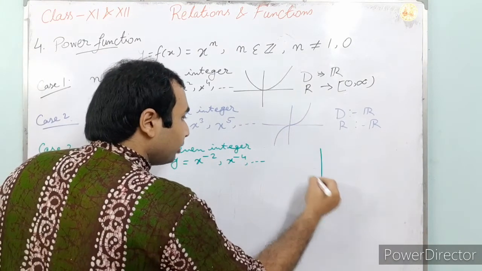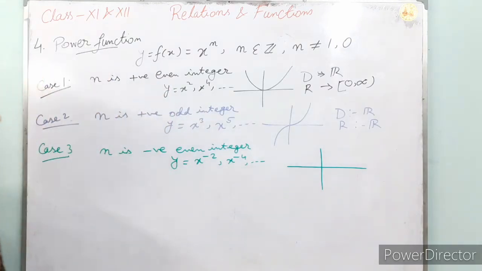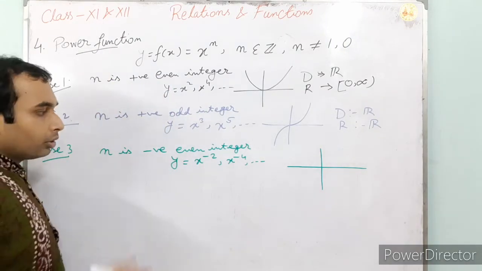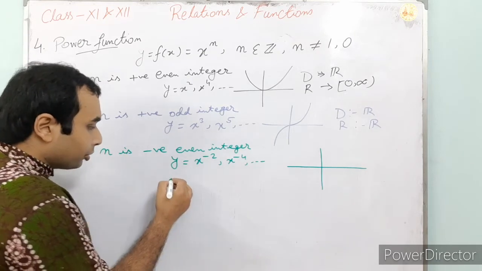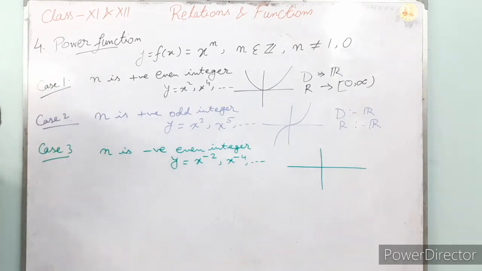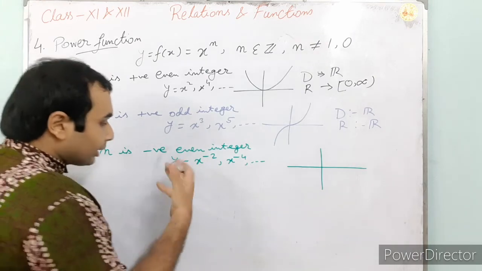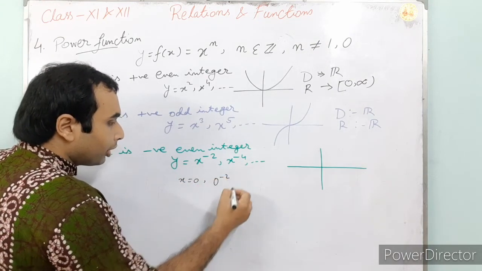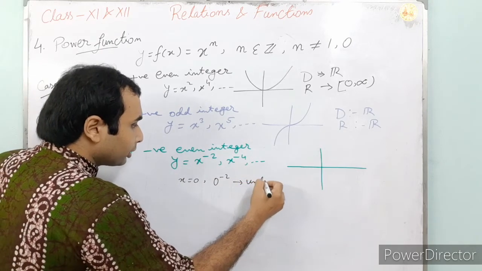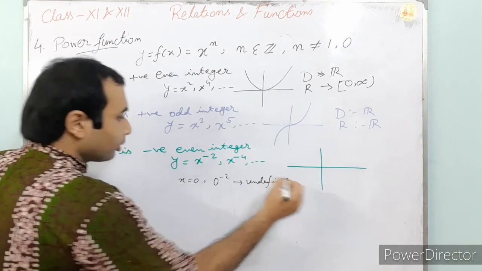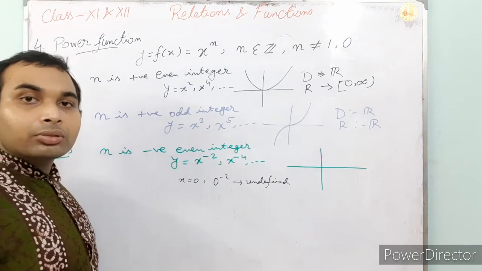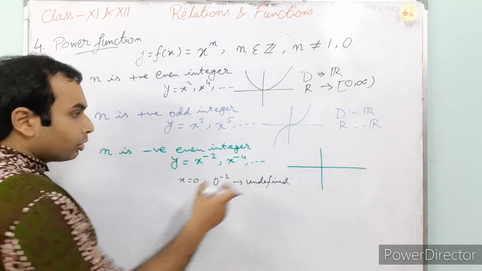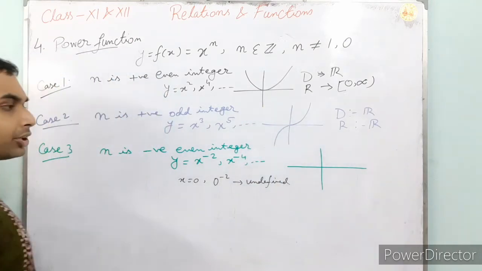Let's see, very interesting. If you take x equals 0, that means 0 to the power minus 2, it is undefined. That is 1 by 0 squared. 0 squared is 0, but 1 by 0 is undefined, you know. So it will not touch the 0 point.